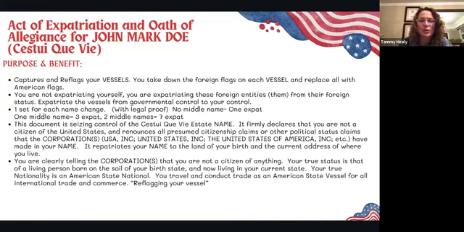It firmly declares that you are not a citizen of the United States and renounces all presumed citizenship claims or other political status claims that the corporations, USA Inc., United States Inc., the United States of America Inc., etc., and now the corporation that Trump is operating under, the United States of America LLC, have made in your name. It repatriates your name to the land of your birth and the current address of where you live.